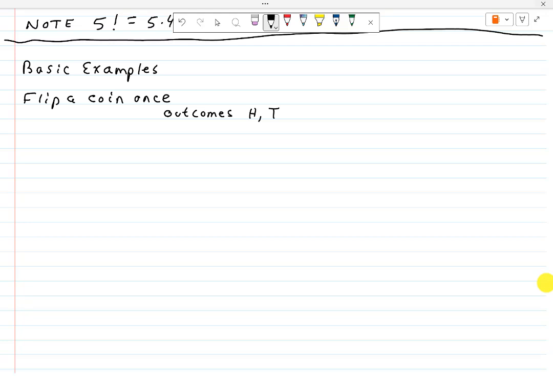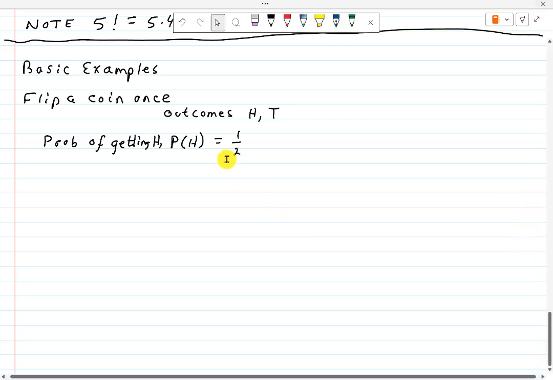So when you flip a coin once, what's the probability of getting a head? So the notation I'll use is this. So this is the probability of getting H. So P with H in parentheses, the probability of getting heads is 1 out of 2. Since heads represents only one outcome out of a total of 2 outcomes.